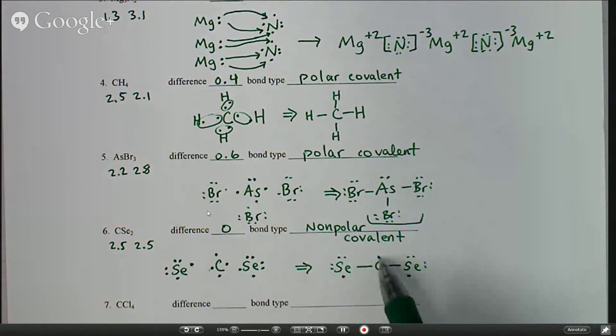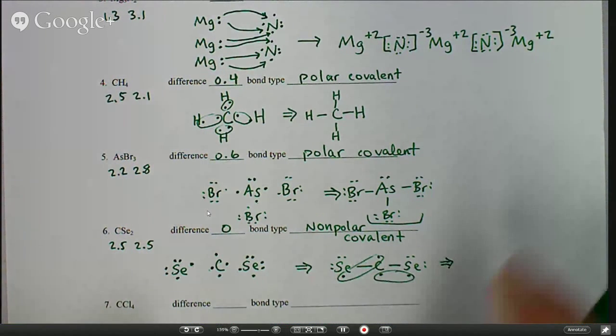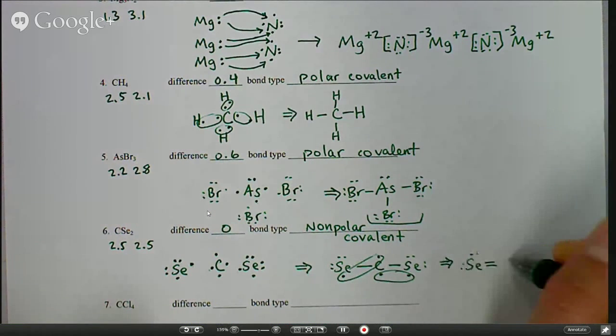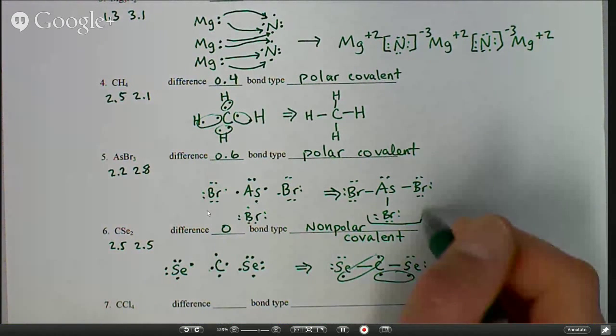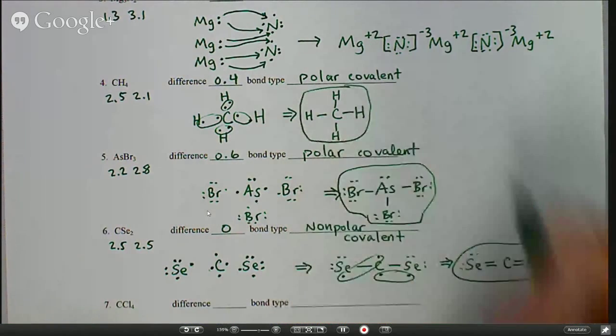And so we compare those 2 electrons and maybe these 2 electrons to give the structure some double bonds. So selenium with a double bond to carbon and another double bond to the other selenium. And so this is what we should get. Okay.